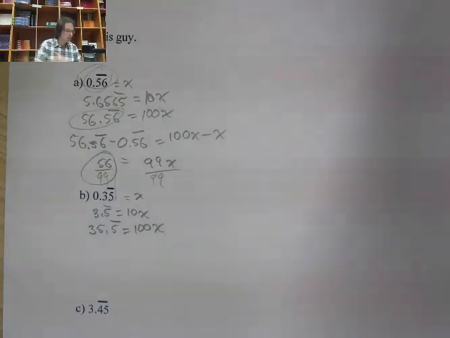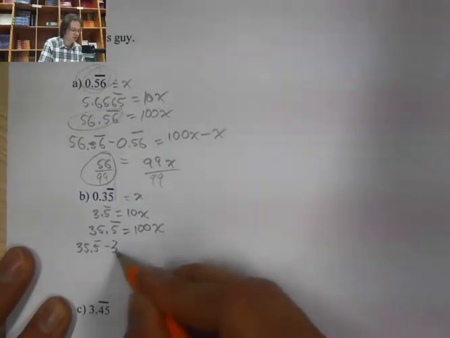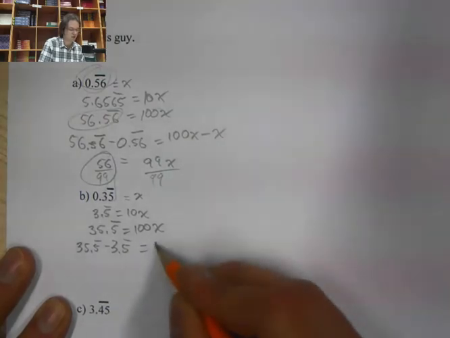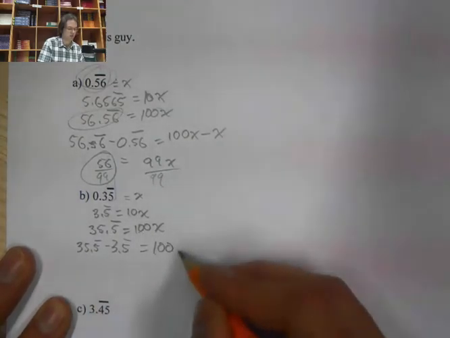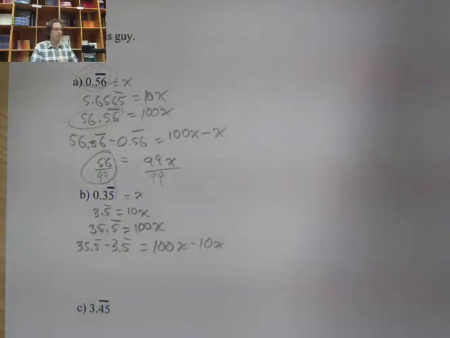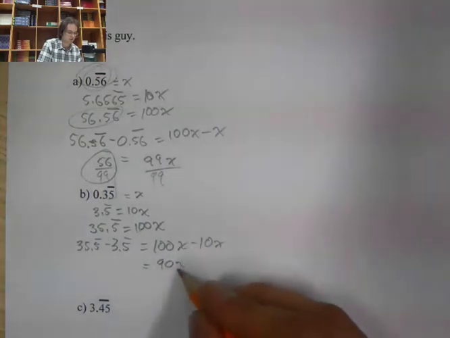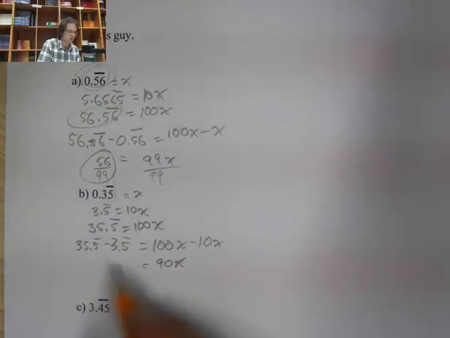So let's do that. We're going to go 35.5 repeated, subtract 3.5 repeated, is equal to 100x subtract 10x, because this is equivalent to 100 multiplied by x, and that's 10x. All right, what am I going to get? Here I'm getting 90x, and this here is going to give me 32.